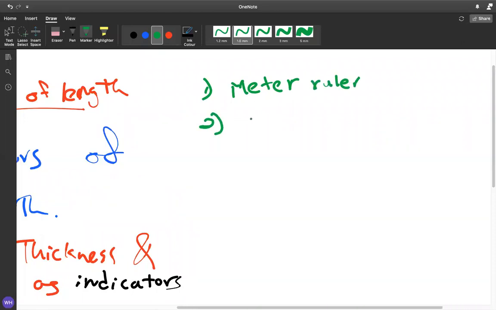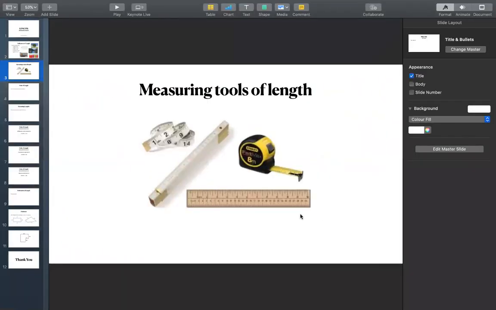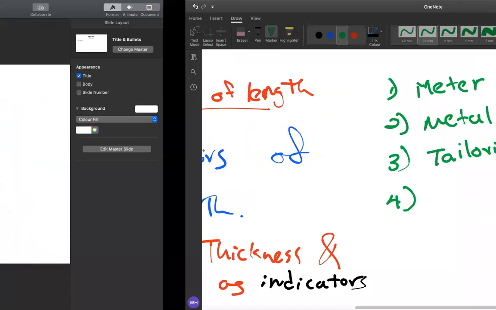What else? Metal tape. Metal tape, and tailoring tape. Okay. And what else? What are the instruments that you can use?